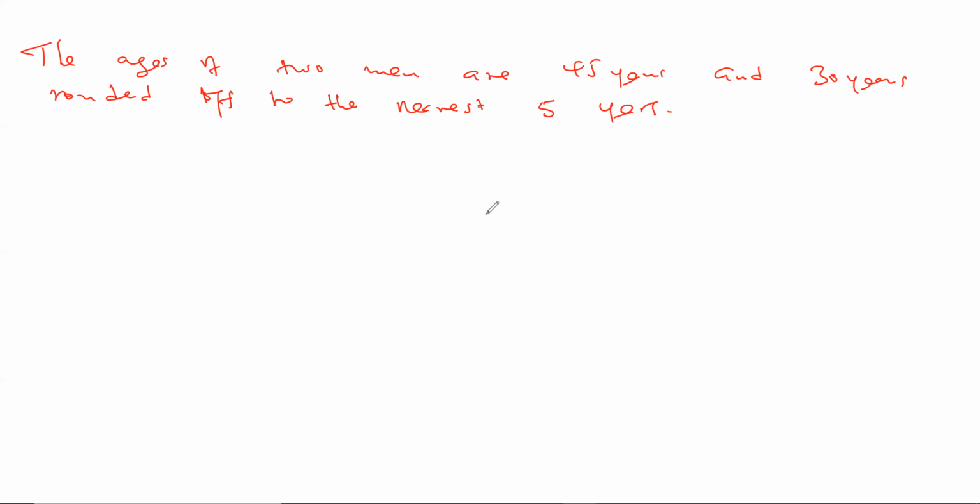So the question is, calculate the maximum difference in their age. Another simple question. So there's nothing so straight on that. They want just the maximum difference in the age.